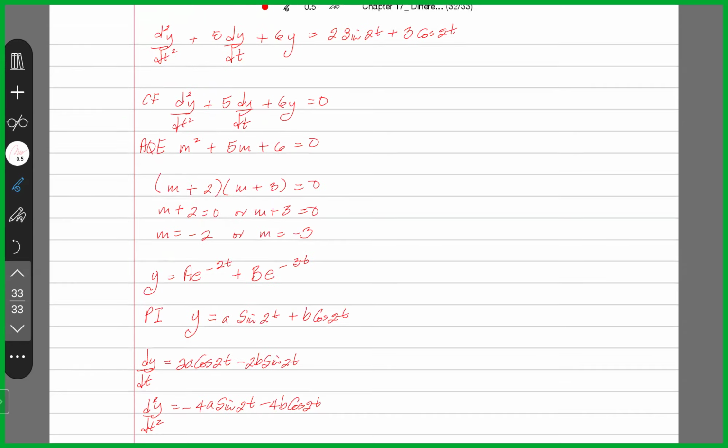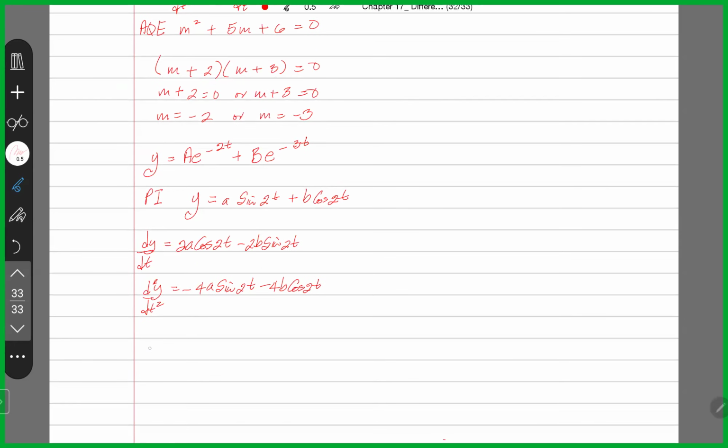Substituting back into the differential equation, which is d2y by dt squared plus 5 dy by dt plus 6y is equal to 2 sine 2t plus 6 cos 2t.